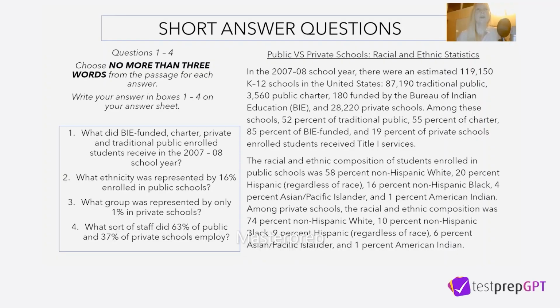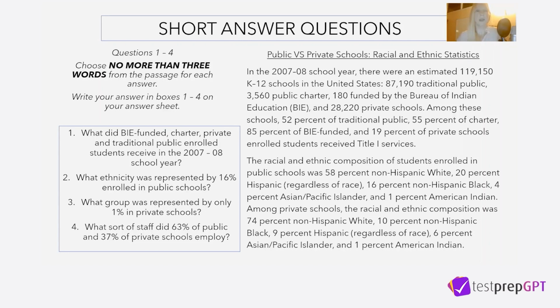So today we're looking at short answer questions. Take a look at this example here. So you'll see something like this on the exam page. Questions 1 to 4, choose no more than 3 words from the passage for each answer. Write your answer in boxes 1 to 4 on your answer sheet. Let's take a look at number 1.